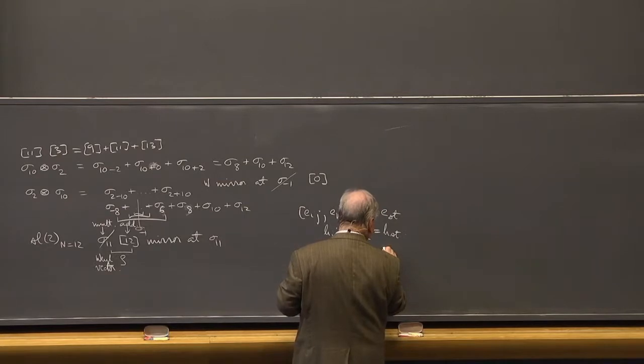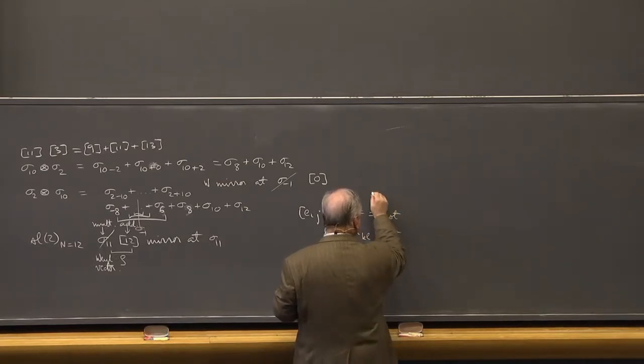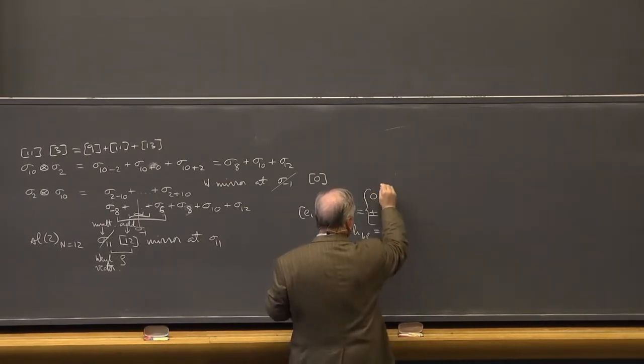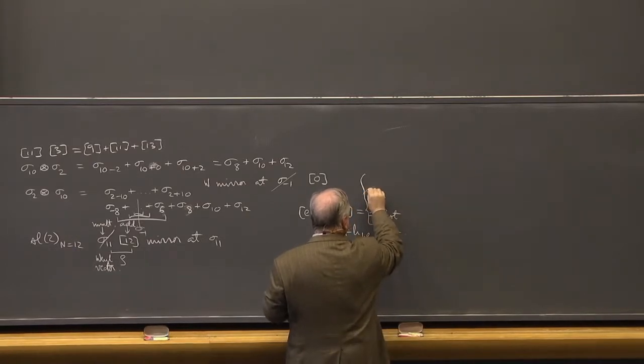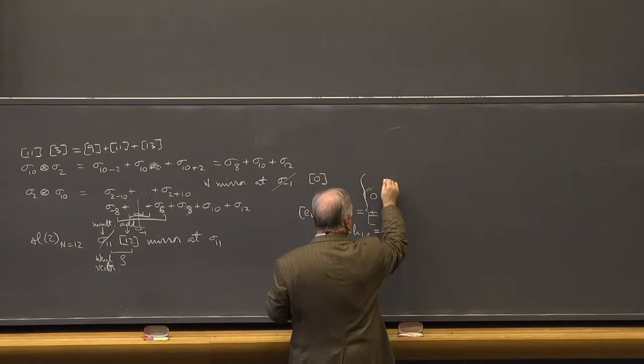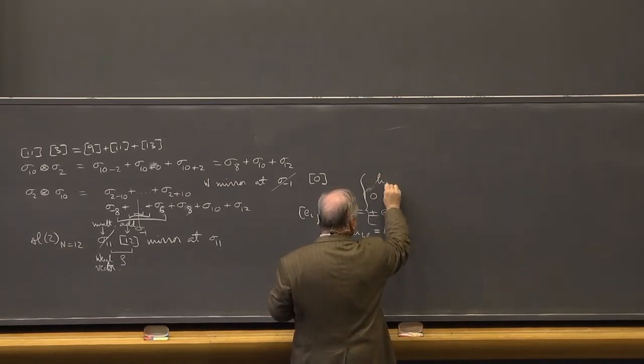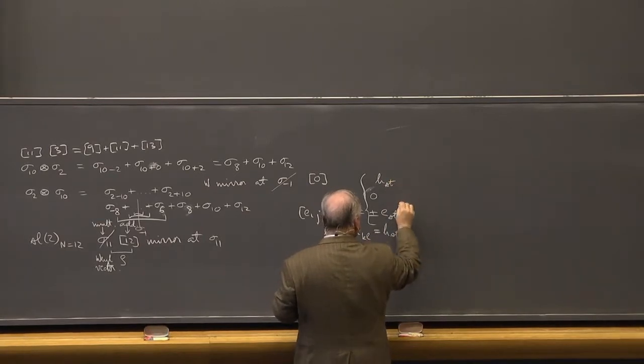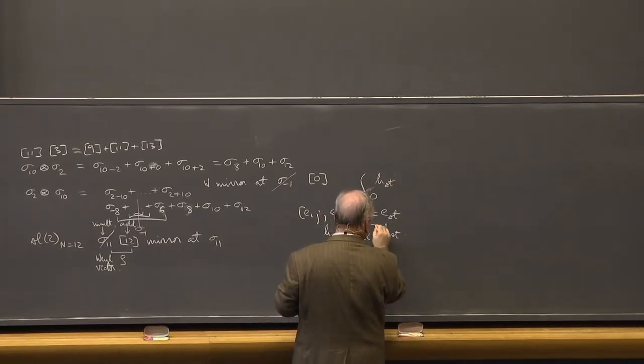And this is 0, and there's the other case, which you can figure out yourself: if they're the negative of each other, the sum is 0 and you get hst, and then 0 if it's otherwise.